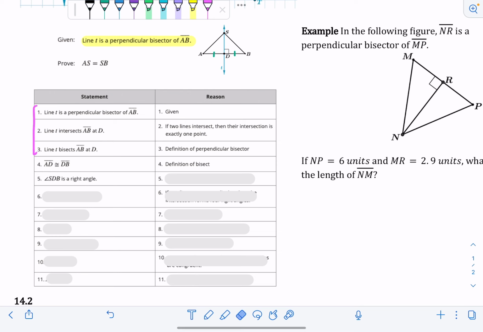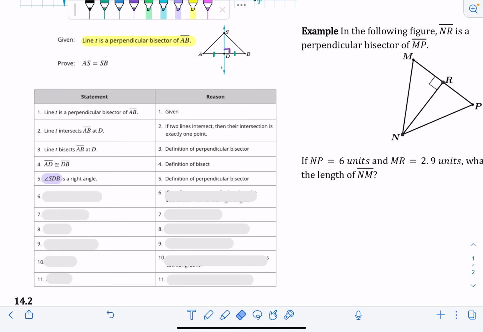So next we can say angle SDB is a right angle, the right angle that's already labeled on the graph. We know that because there's a perpendicular bisector, and perpendicular bisectors create right angles. That's by definition, so the reason is the definition of a perpendicular bisector.